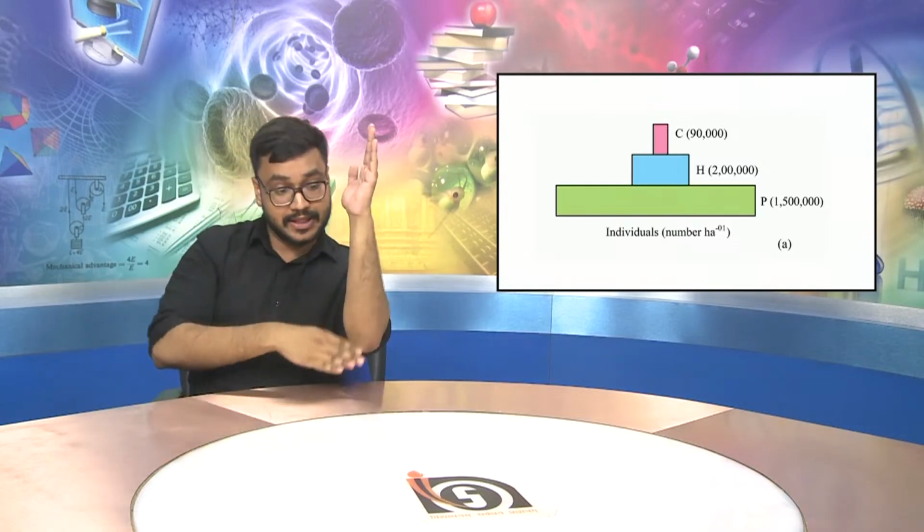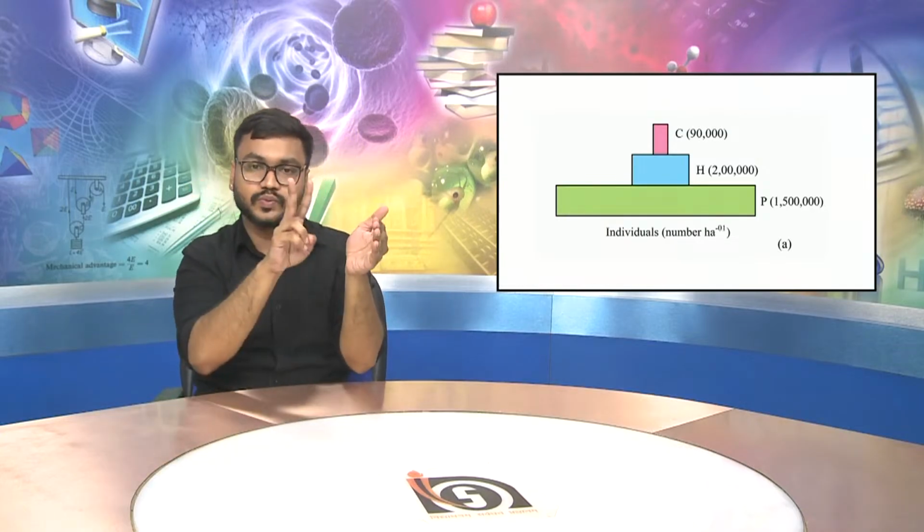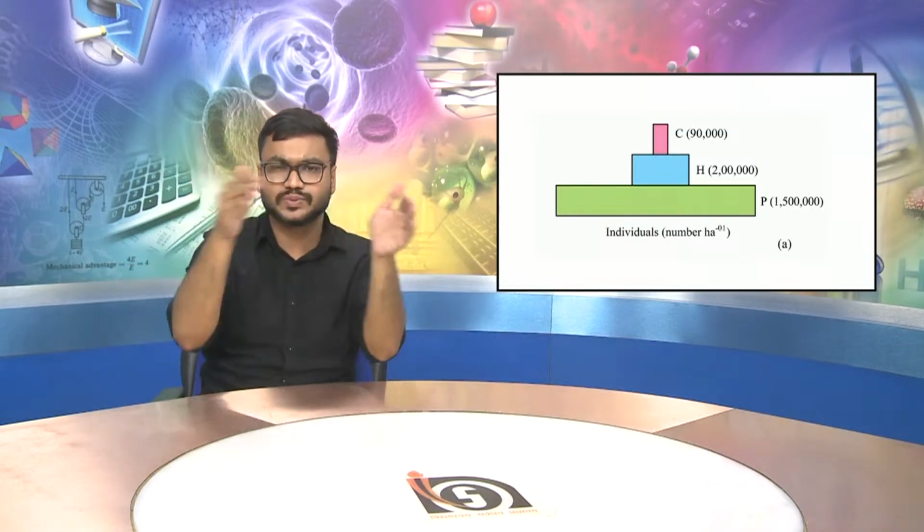As you can see, there is a graphic representation of trophic level with 3 levels.